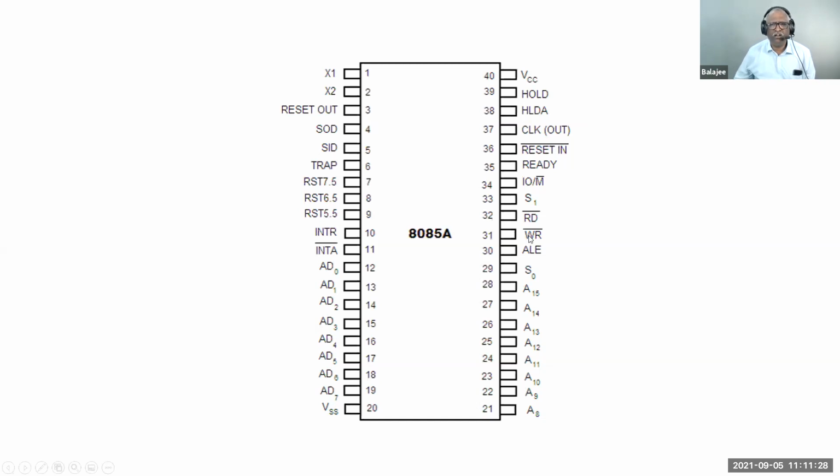See that WR bar, RD bar, IO/M bar, RESET IN bar, INTA bar. We will discuss what is the meaning of the bar also, and why it was there in those days. Even today it is, but I'll give you the reason for it. Okay, so now let us get into the board as usual, and we will discuss the pin nodes.